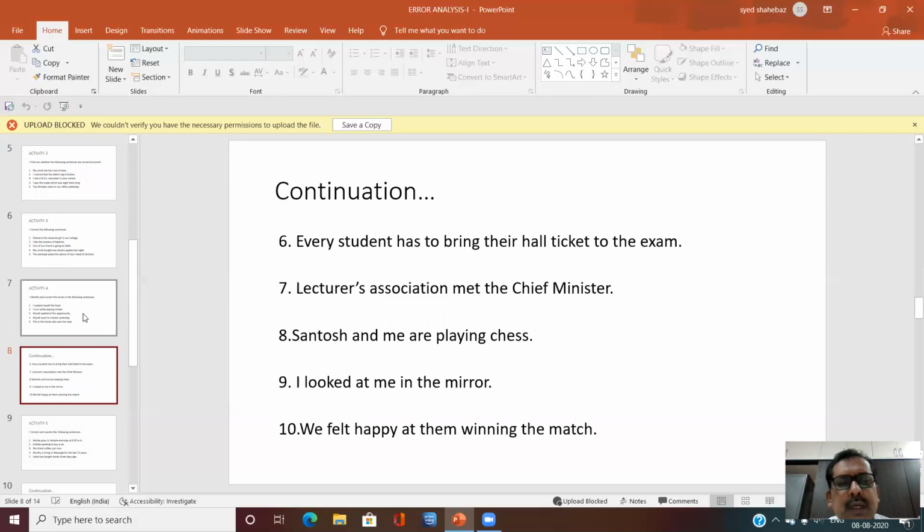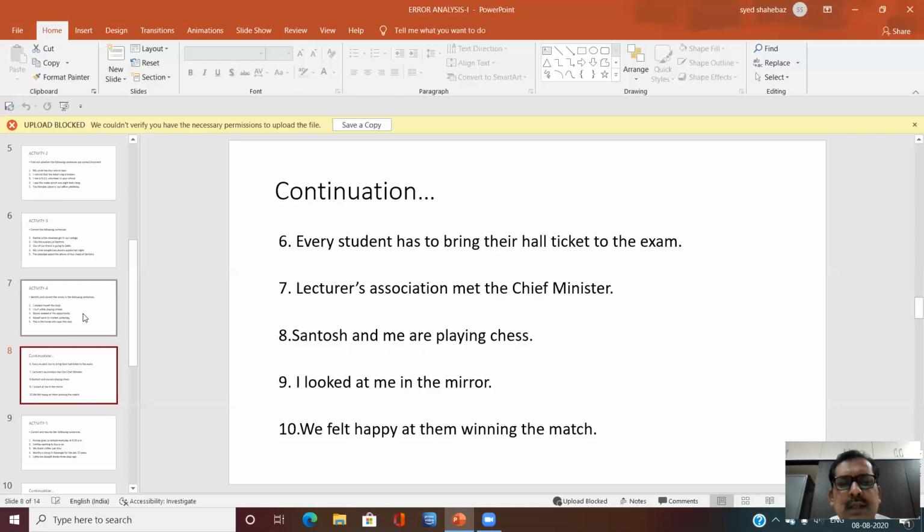When we are using every student, we are not specifying the gender, so here also we have to use both the genders. Every student has to bring his or her hall ticket to the exam. That is the correct word, instead of their, his or her.